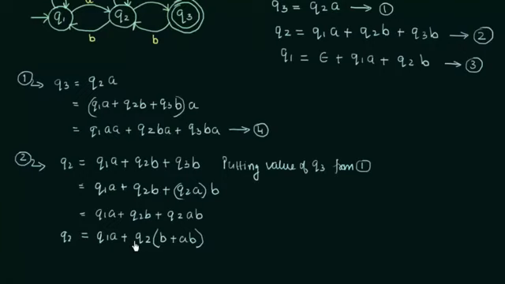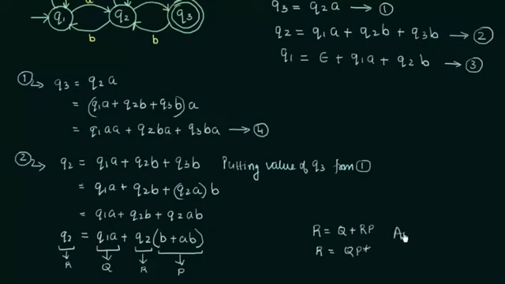Now if you check, this equation is of the form R equals Q plus RP, where Q2 is R, Q1A is Q, and this whole term B plus AB is P. If you remember Arden's theorem that we studied in the previous lecture, whenever you have an equation of the form R equal to Q plus RP, it can be written as R equal to QP star.